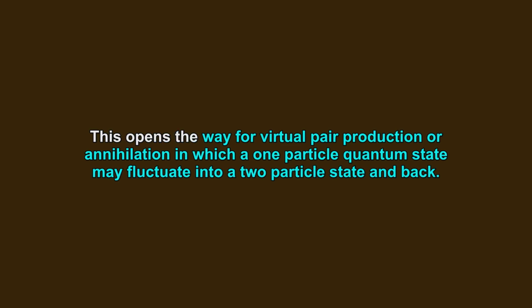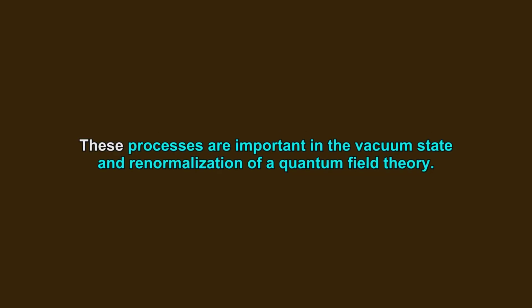This opens the way for virtual pair production or annihilation, in which a one-particle quantum state may fluctuate into a two-particle state and back. These processes are important in the vacuum state and renormalization of a quantum field theory.